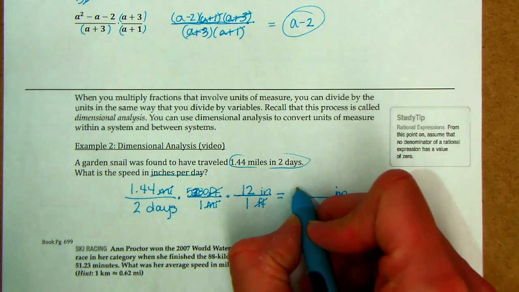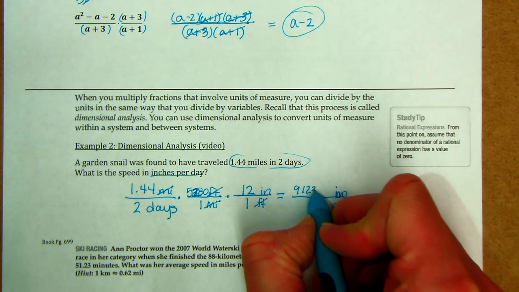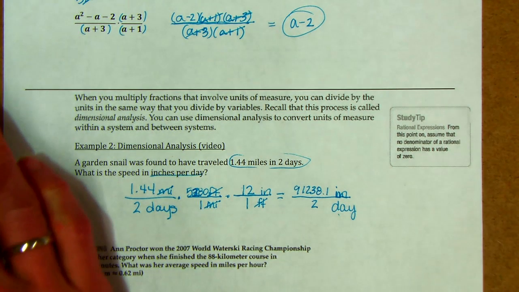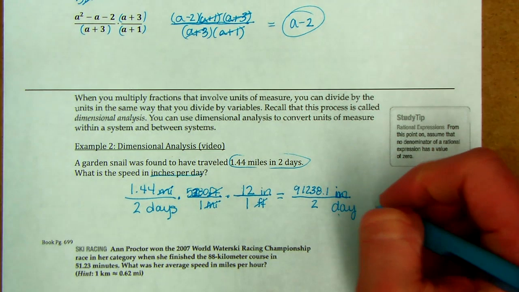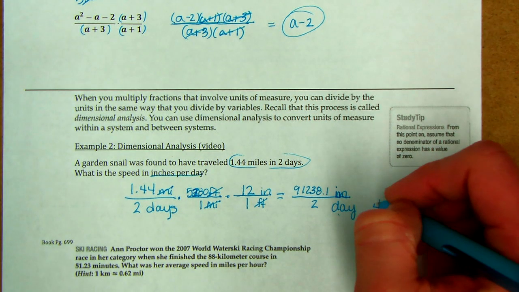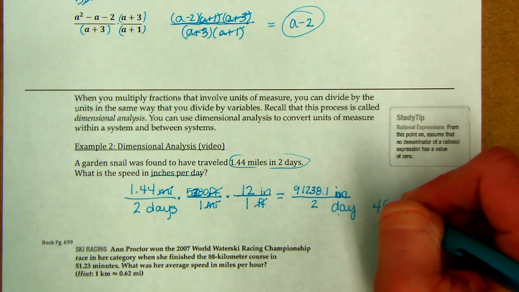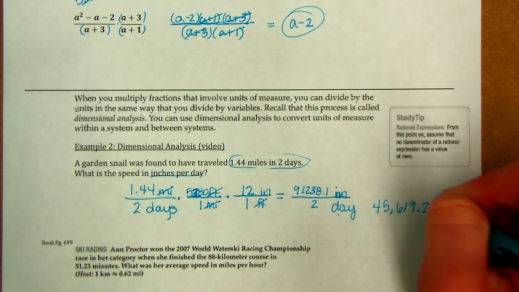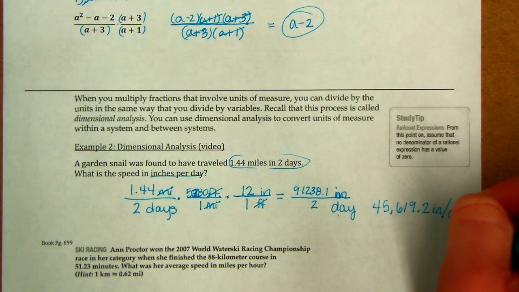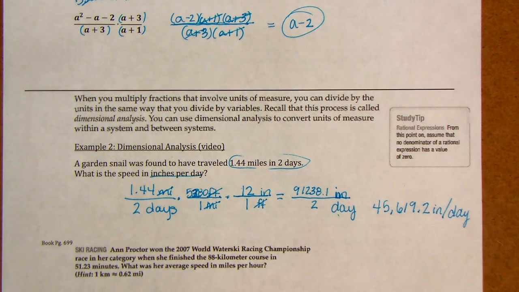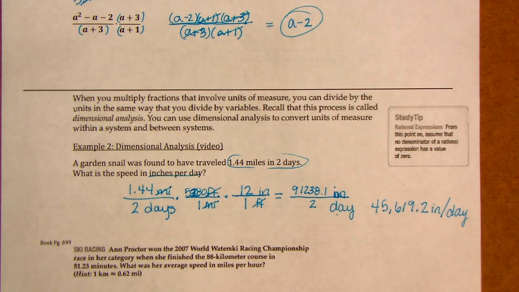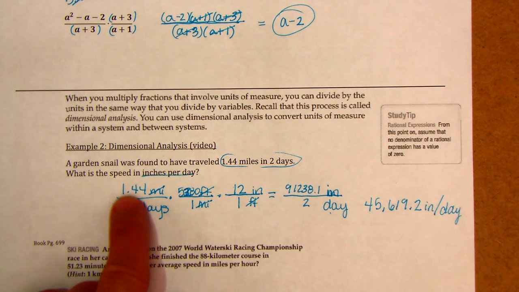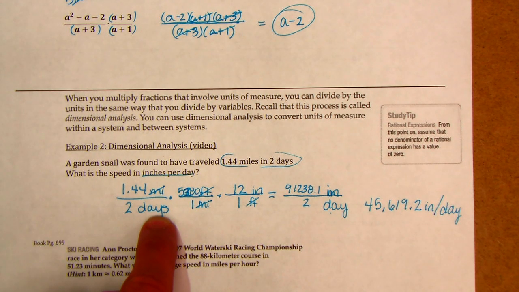And then just divide that out. So my answer is 45,619.2 inches per day. That's crazy. That seems unbelievably big. But I guess 1.44 miles in 2 days. I'm just surprised that a snail could go that fast or that far. Fascinating. All right, let's try this again.